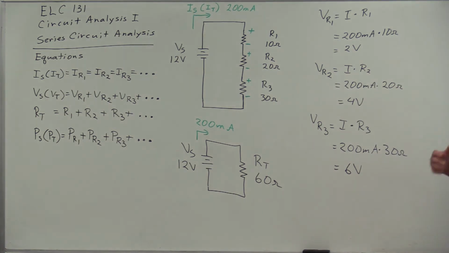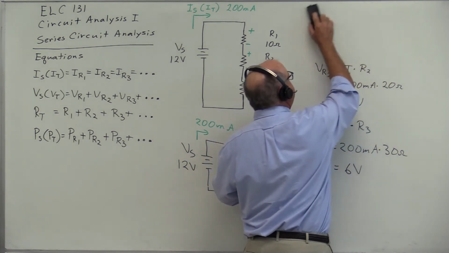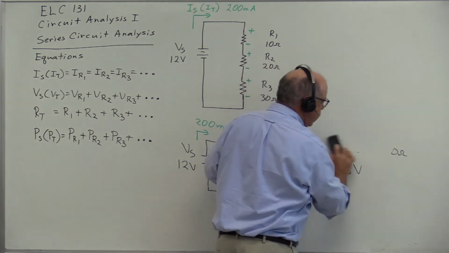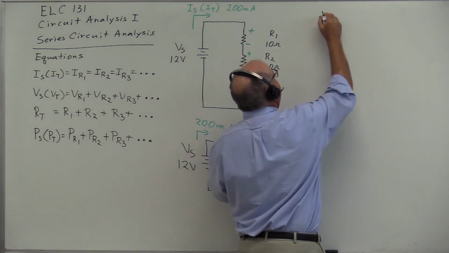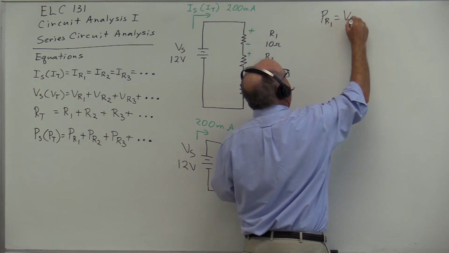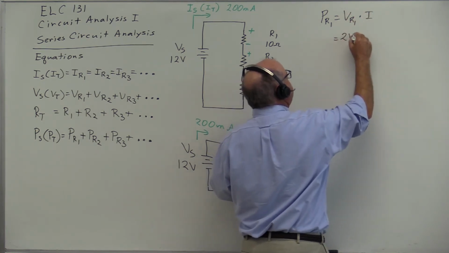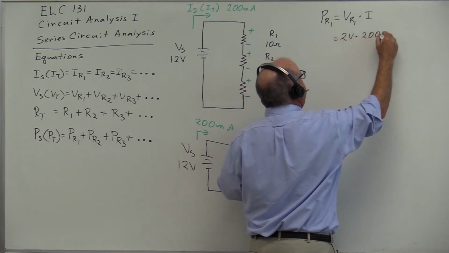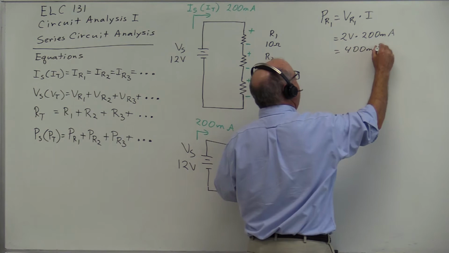Now we can calculate the power consumed in each resistor, again using our power formula, where PR1 equals VR1 times I, 2 volts times 200 milliamps gives us 400 milliwatts.